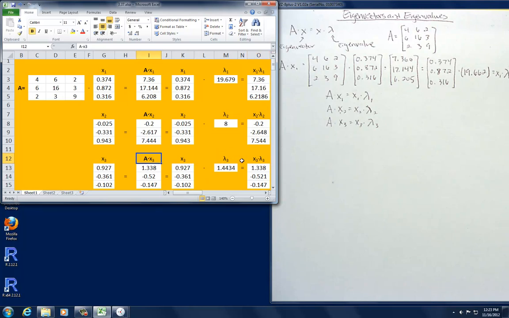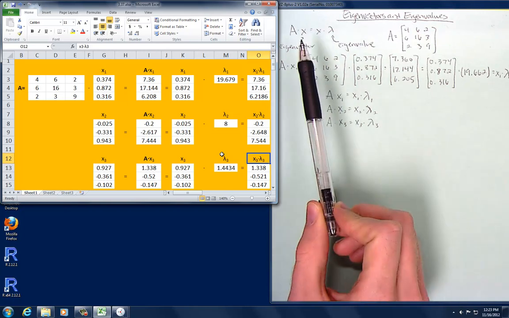So what I just demonstrated is something that I mentioned when we started the video, that for a certain class of square matrices A, there exist certain vectors x such that when the matrix is multiplied by them, the resultant vector is equal to the vector x times a constant, which I said up here.